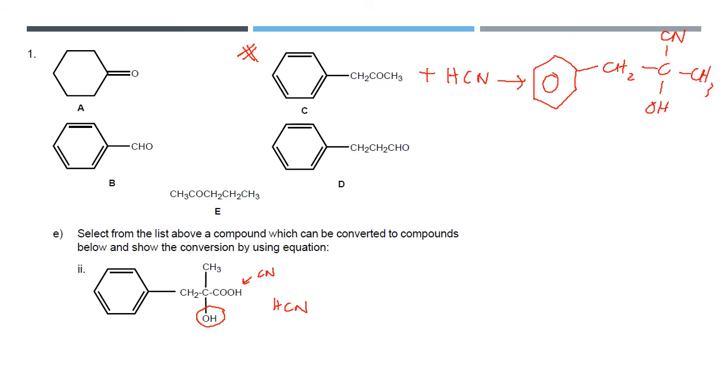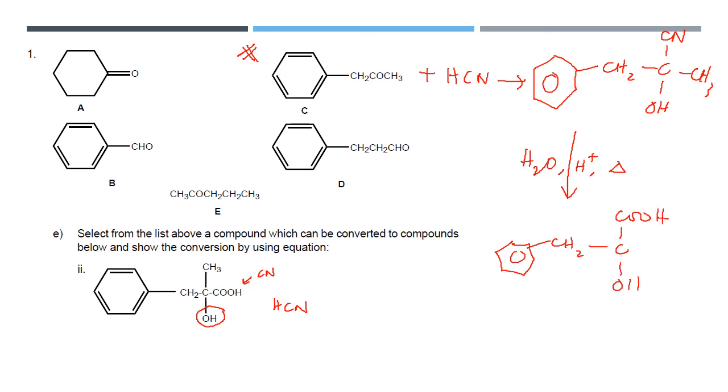Then we are going to react the compound with H2O and H+ with heat. So we are going to get a compound where we have CH2, and the CN is going to become a carboxyl group.